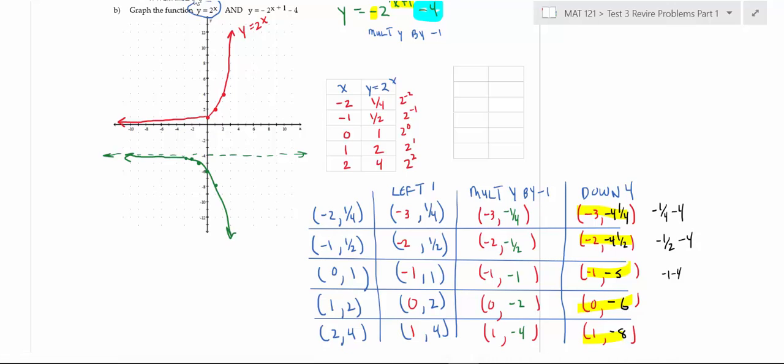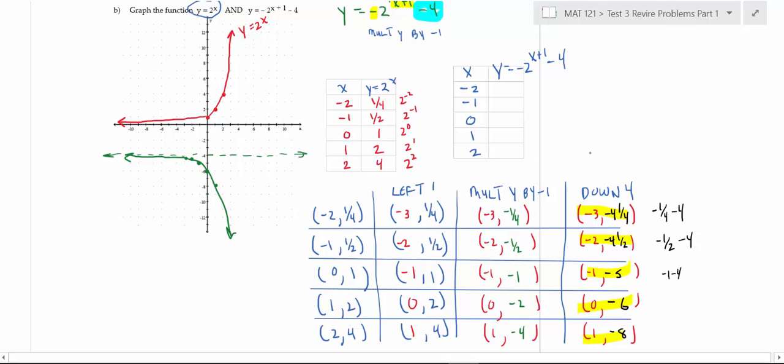So you could do x, and then you could do y equals negative 2 to the x plus 1 minus 4. All right, now what you can do on this is you could use these same values, or you could use as many values as you want. Let me just show you what happens when you use these same values.